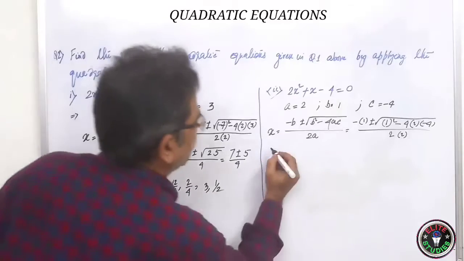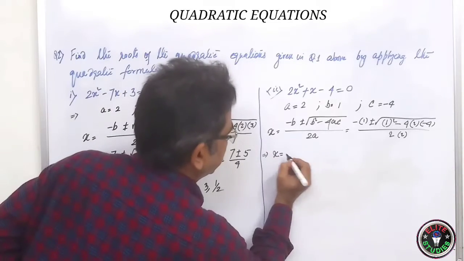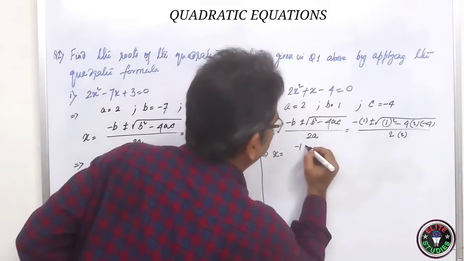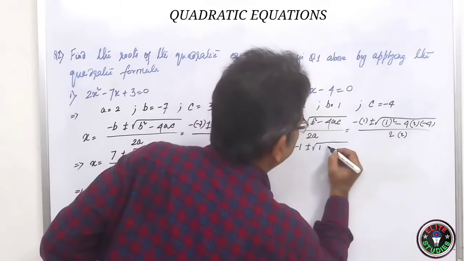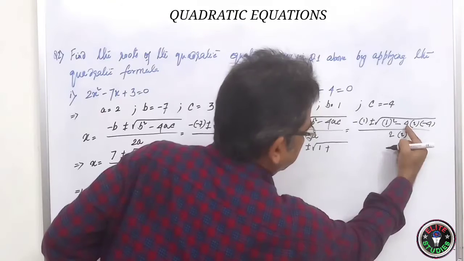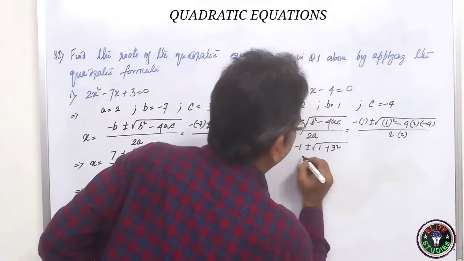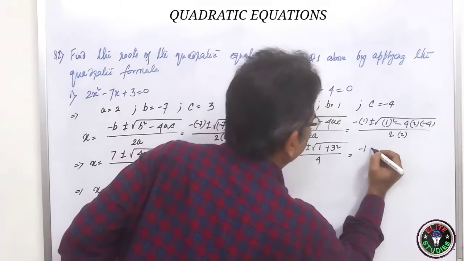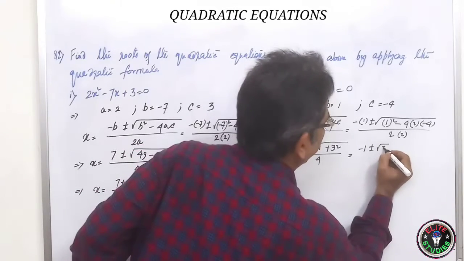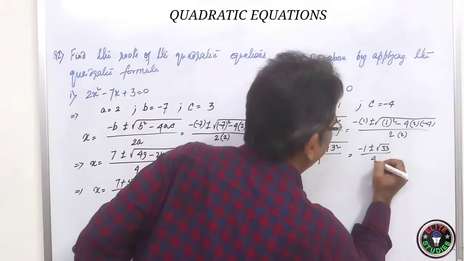So x is equal to minus 1 plus minus root over of 1 plus 4 times 2 times 4, that is 32, by 4. So it will be equal to minus 1 plus minus root over of 33 by 4.